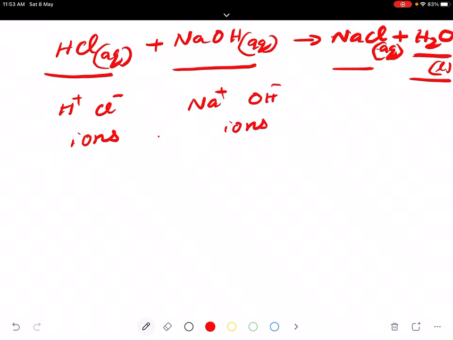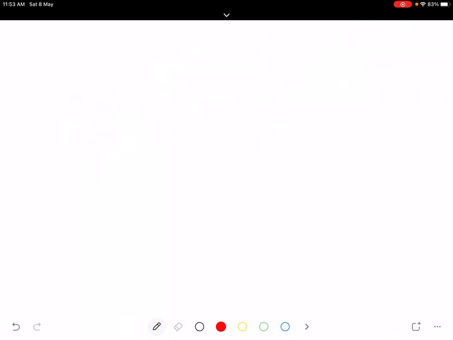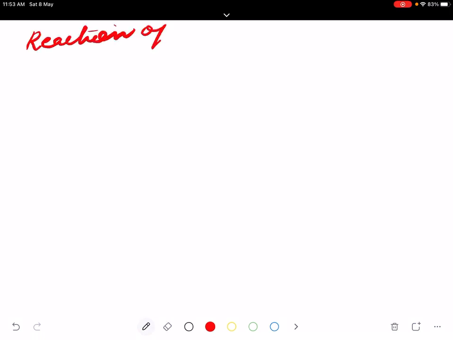Now, reaction of metallic oxides with acids. Metallic oxide means basic.